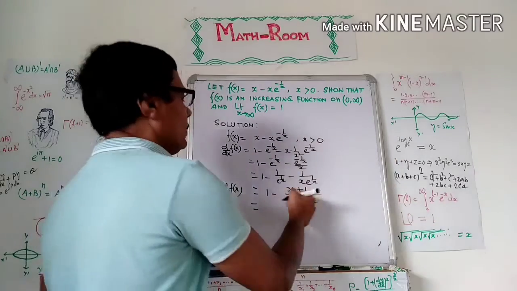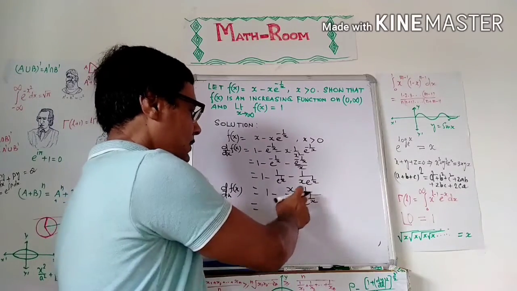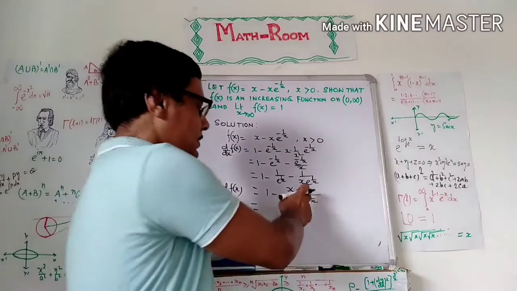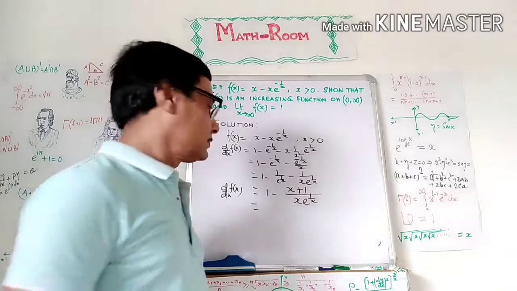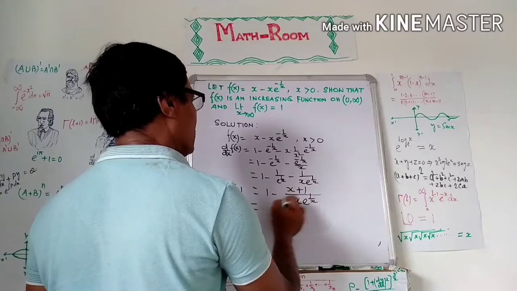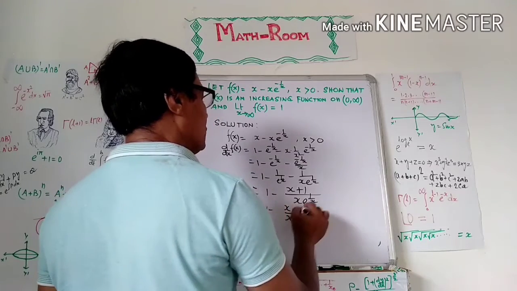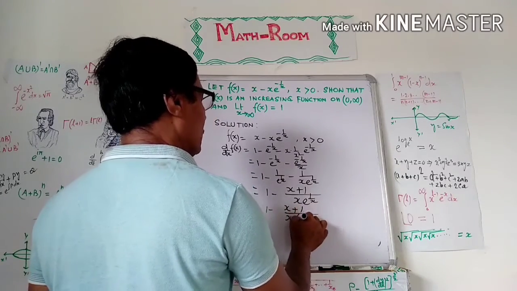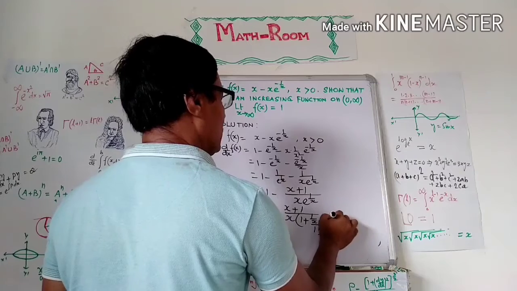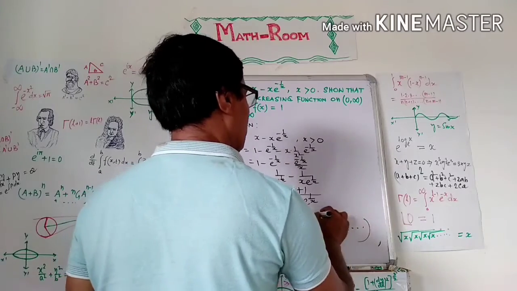Now, we can take the series expansion of the exponential function, e^(1/x). The series expansion of it can be written as 1 + 1/x + 1/(2! x²) + 1/(3! x³) up to infinity.